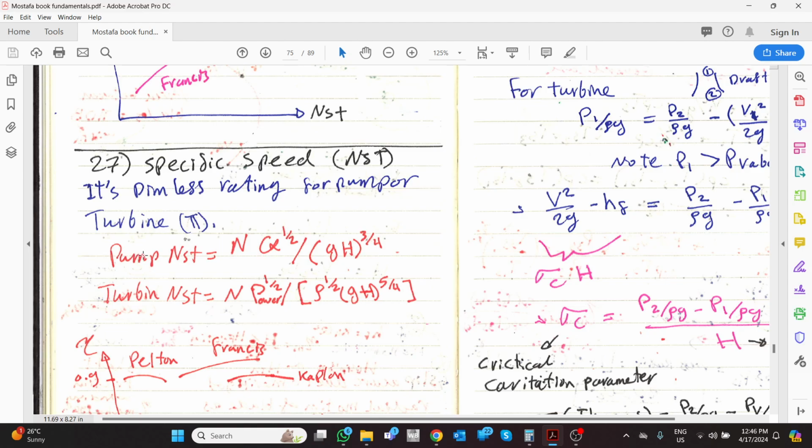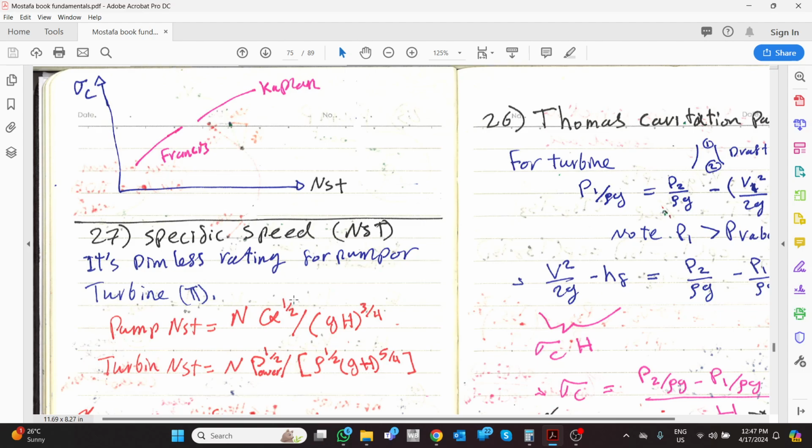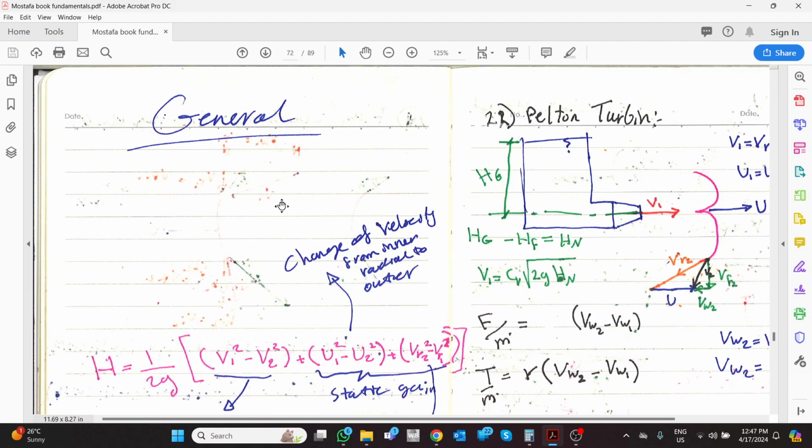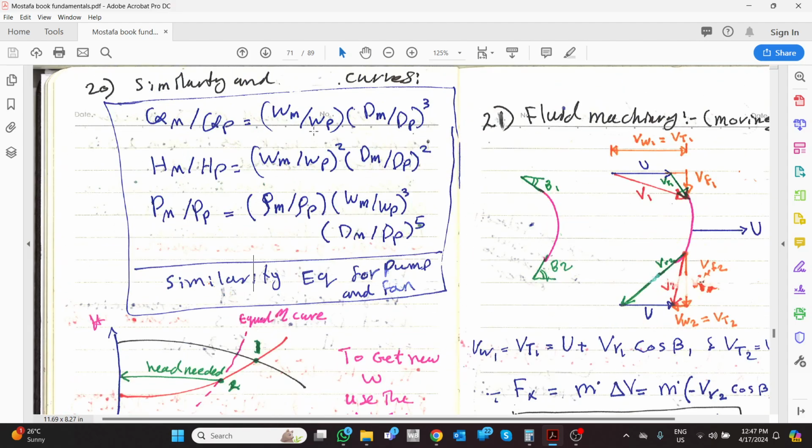So this one divided by another model scaled is equal. If you change the N and Q and whatever, it will be equal. If you change only the N, then N over N equals constant. You get my point? So it is going to give you this equation, which is a similarity equation of the pumps. How did we get it?